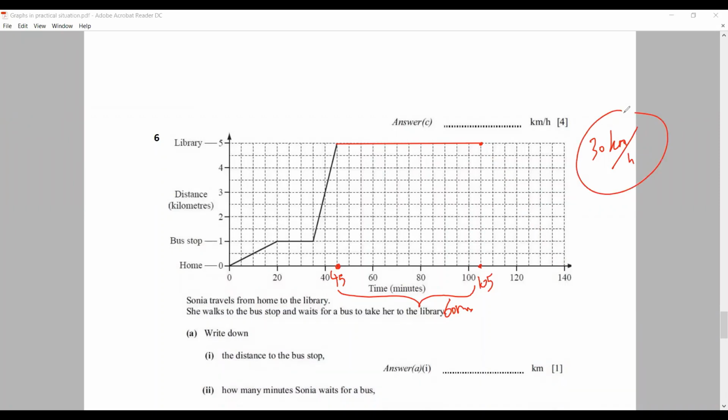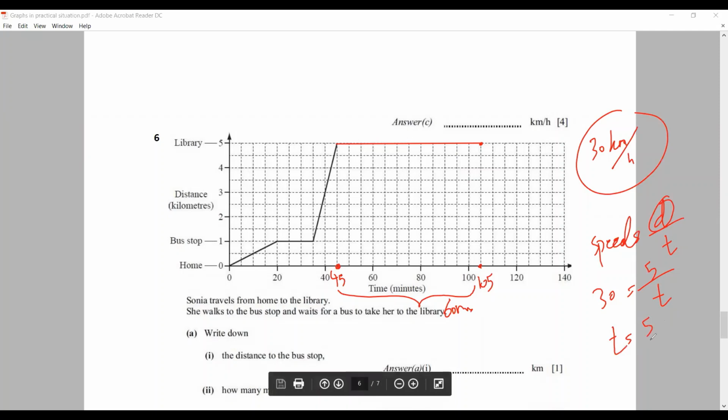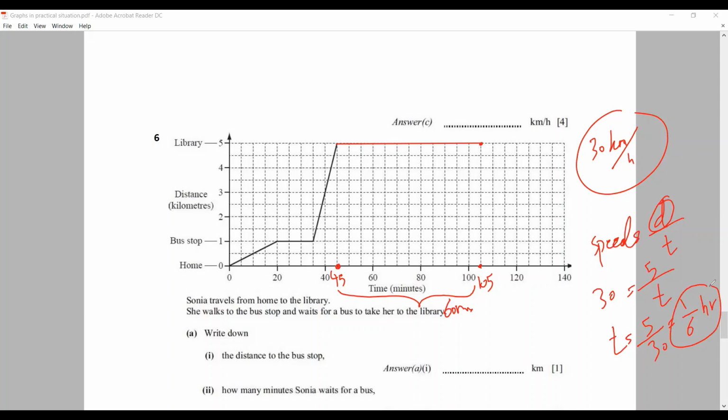Now, let me see. The distance is 5 kilometers. So from the equation of speed is equal to distance over time. Speed should be 30 kilometers per hour. Distance is 5. And we can find time basically from there. So time is 1/6 of an hour or 10 minutes.